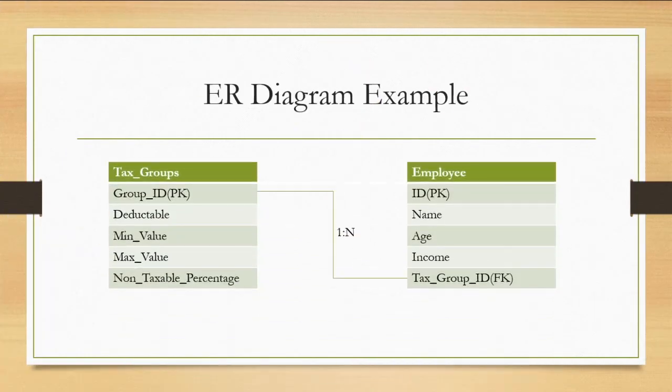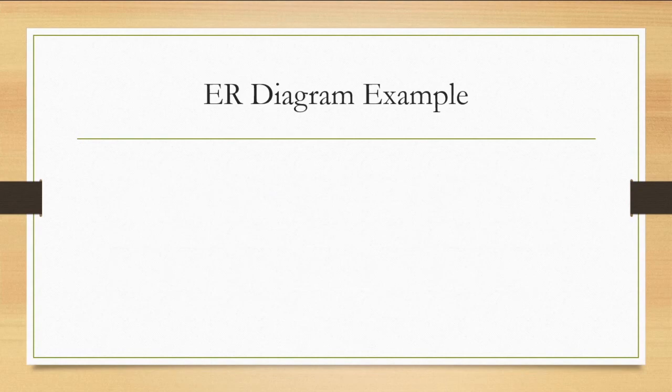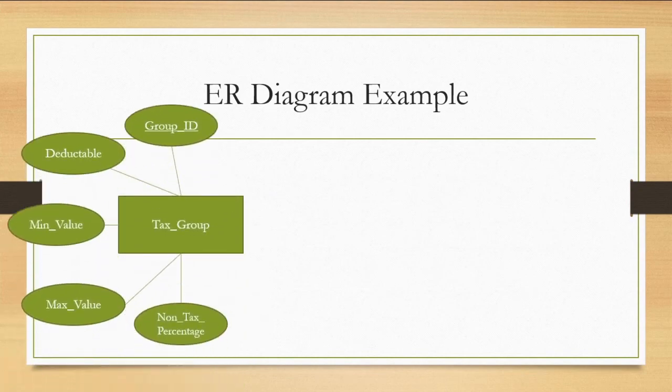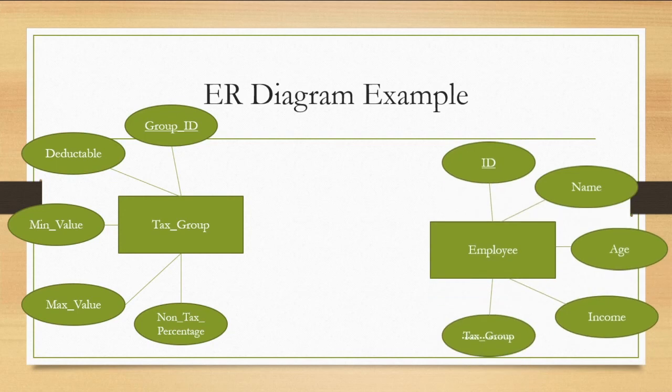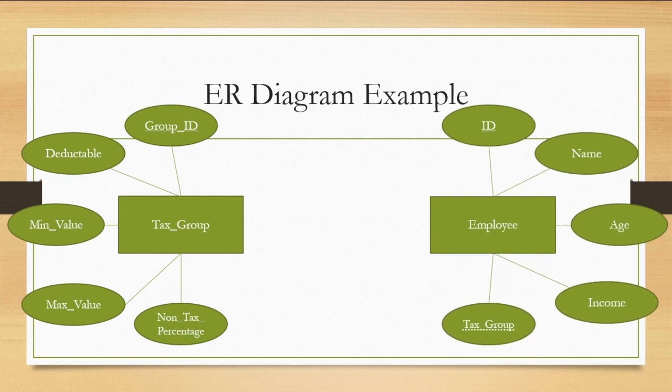Here's our table again, as per the previous example, with our one-to-many relationship. There's our tax group with all of its attributes. Please note the group ID, which is our primary key. Here is our employee with our ID, or tax group ID, which is our primary key. And then tax group at the bottom is our foreign key.